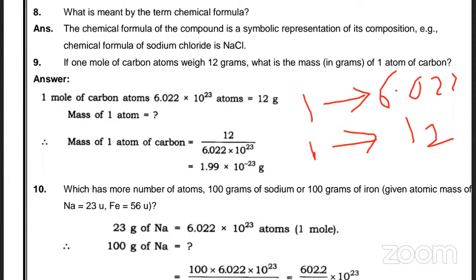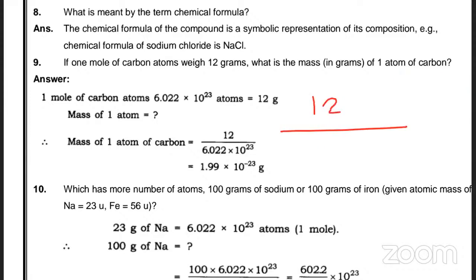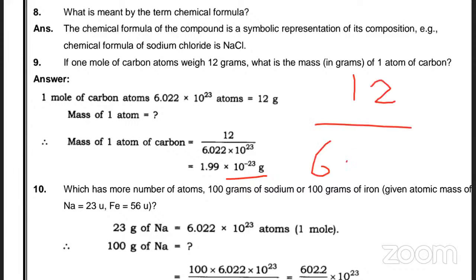So you have to do 12 divided by 6.022 into 10 to the power 23. Now this 10 to the power 23 is in the denominator, so it will be counted as 10 to the power minus 23. You have to just divide 12 by 6.022. You will get the answer as 1.99. This is the mass of 1 atom.